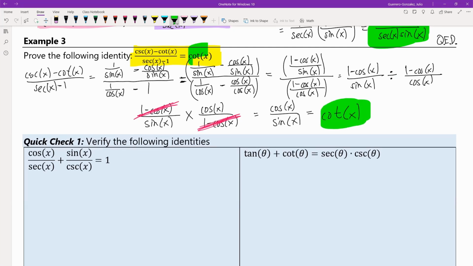Ta-da! QED. We showed what we needed to show. We had to grab the left-hand side and turn it into the right-hand side, and that's exactly what we did.